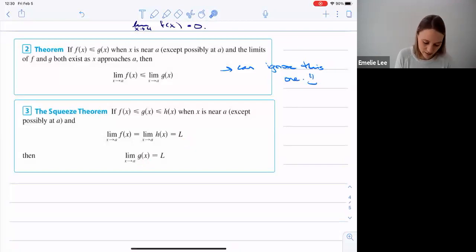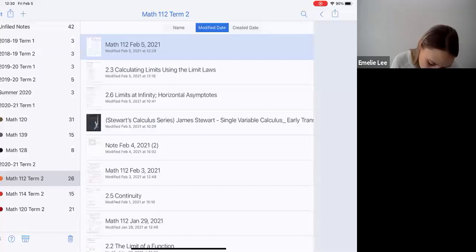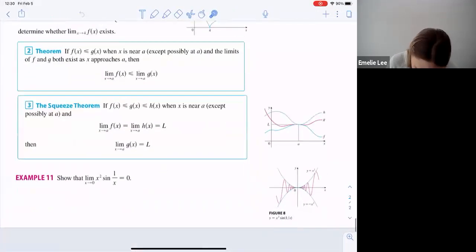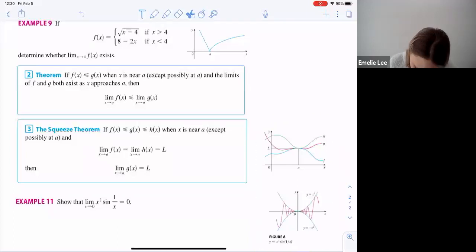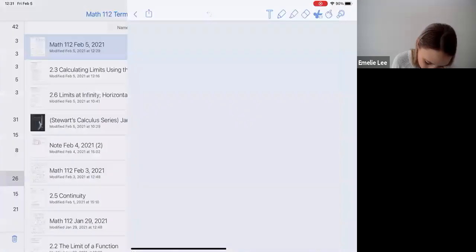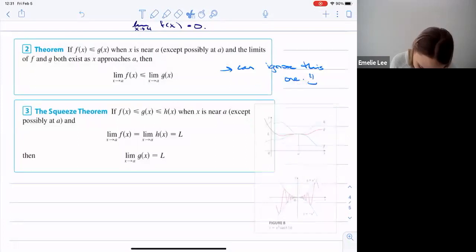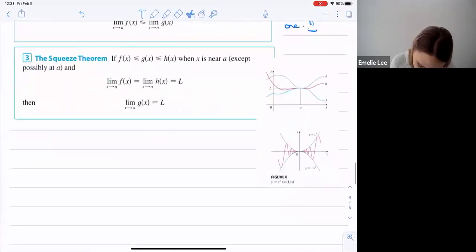And so here, the limit of g of x, if g of x is between these two functions, ends up being just the limit of the two bounds. So I will bring in these graphs here because it is good to see.